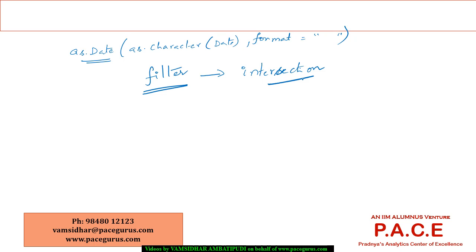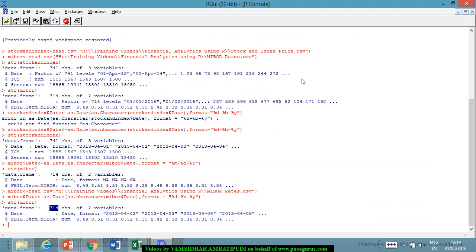So those I'll take as, let's say, valid dates or common dates. Let me call it C dates, which are the dates that are common between the two. So I'll use the intersect function, wherein I am capturing the intersection of the two different dates.